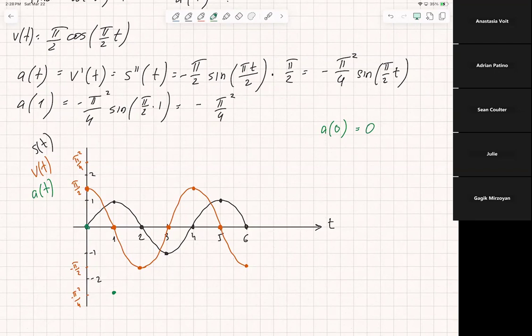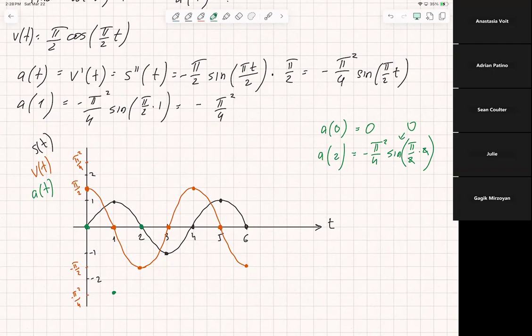And then we can also calculate a of 2. So we get here negative pi squared over 4 sine of pi over 2 times 2. So these cancel. The whole thing is 0, right? So we would have here again a point right here.